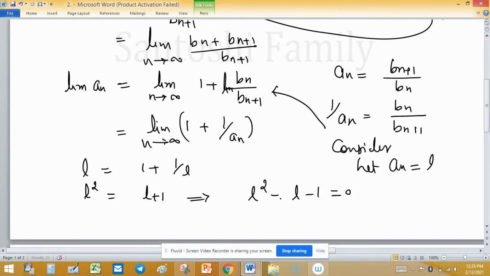This is a quadratic equation in terms of L. Now by the quadratic formula, we get minus b plus or minus the square root of b squared minus 4ac, divided by 2a. So this gives you 1 plus or minus the square root of 1 plus 4, divided by 2, and this is 1 plus or minus root 5 divided by 2.